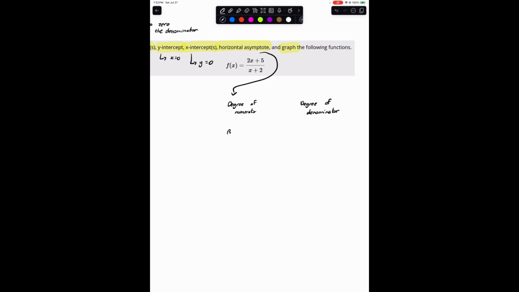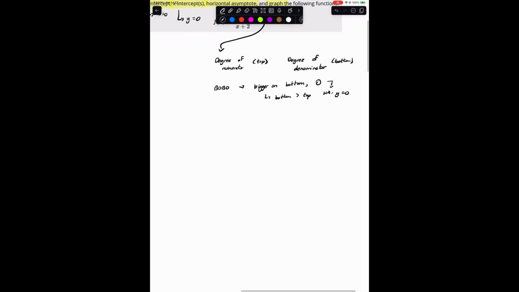BOBO is the acronym: bigger on bottom, 0. So bigger on bottom means the degree of the bottom is larger than the top. And that means your horizontal asymptote is y equals 0.